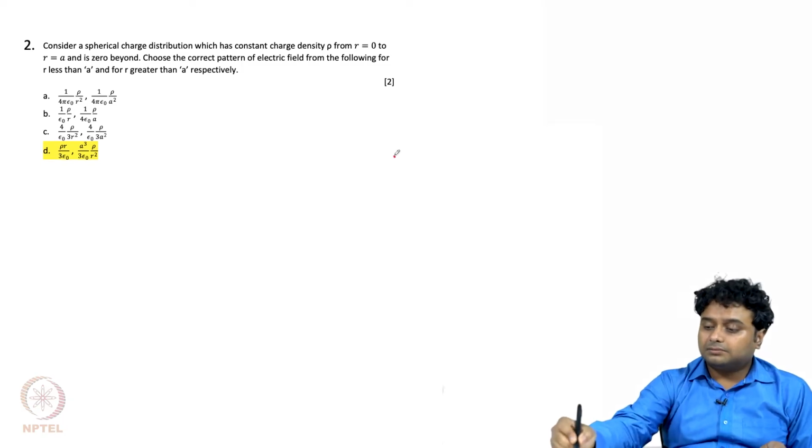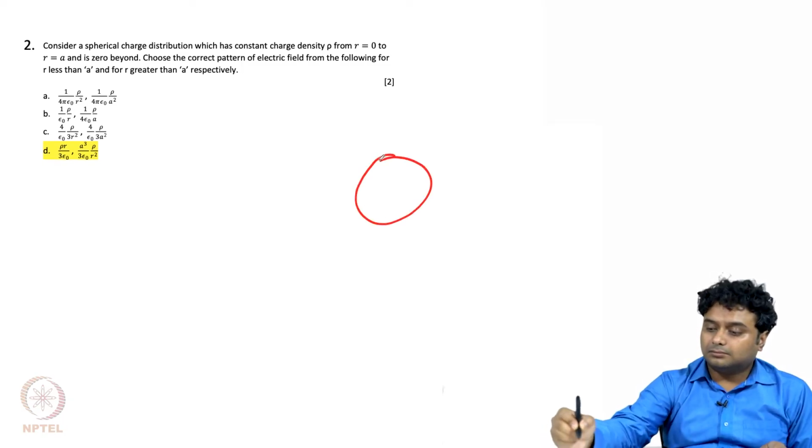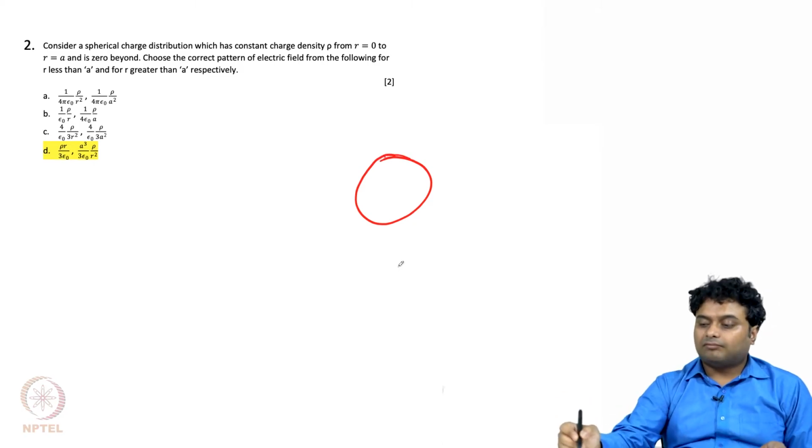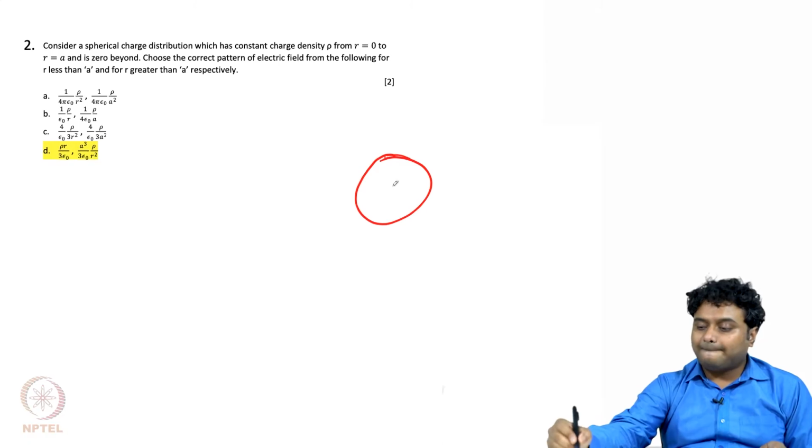Now let us say this is the sphere, and the radius is a, and it has a charge density of rho inside.